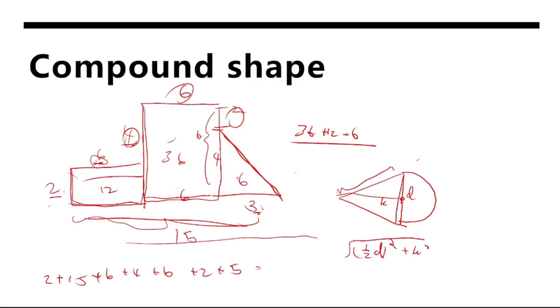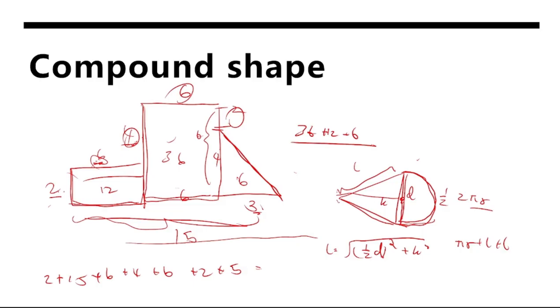This gives us the slant height L, and then we'll have to know the arc length, or half the perimeter. So this will be 2 pi r, and remember it's half, so it's 1 over 2, so just pi r. So the perimeter will be pi r plus L plus L.